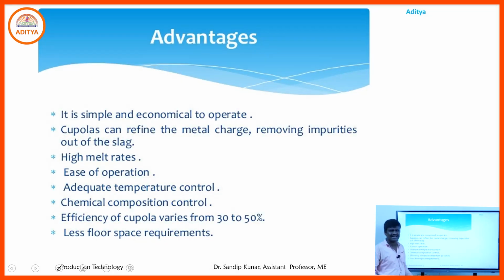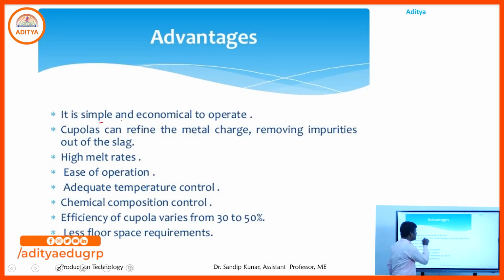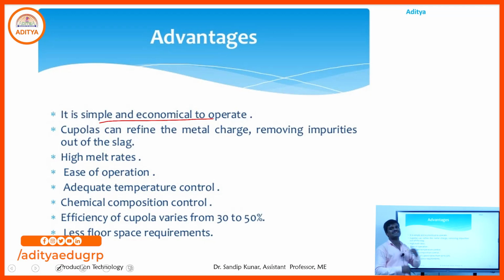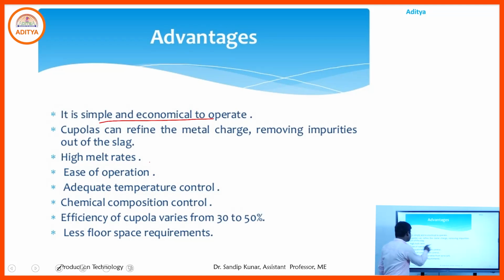What are the advantages of the cupola furnace? It is simple and economical to operate. The cupola furnace also refines the metal charge, removing impurities easily through the slag hole. High melting rates, ease of operation. We can also control the temperature and the chemical composition.